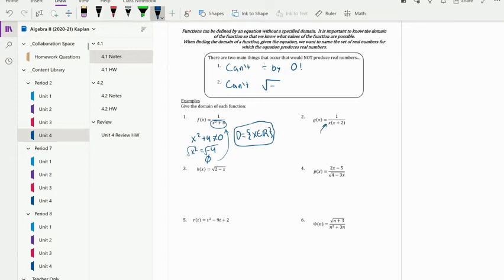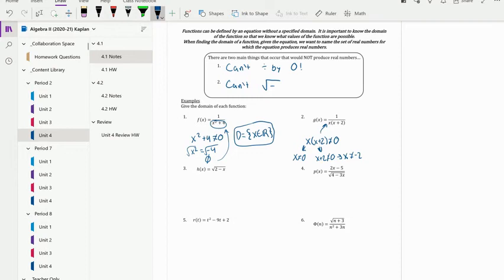All right, this one, again in our denominator, x times (x plus 2) cannot equal 0. And if you at least vaguely remember factoring, you say, this basically means x does not equal 0, that's one solution, or x plus 2 does not equal 0. If you solve that, you subtract 2 to say x does not equal negative 2. Those are the two things that x cannot equal here.